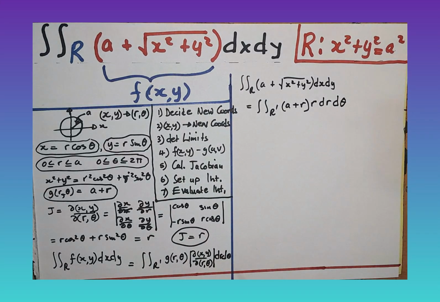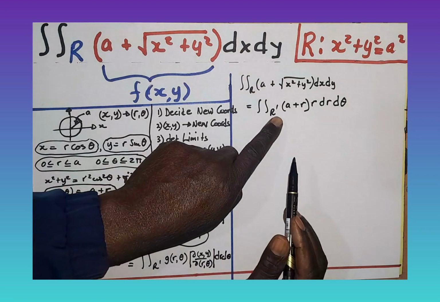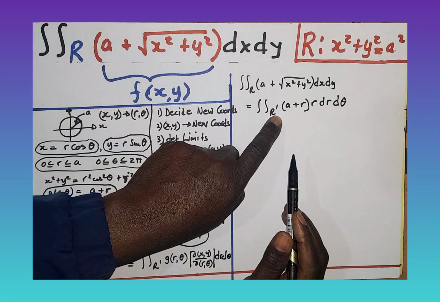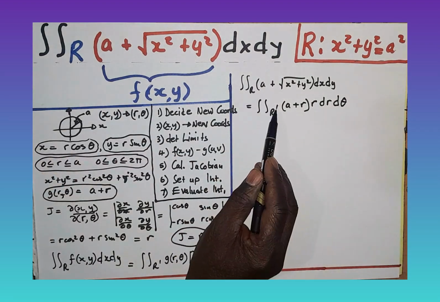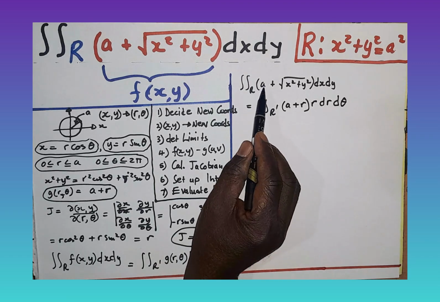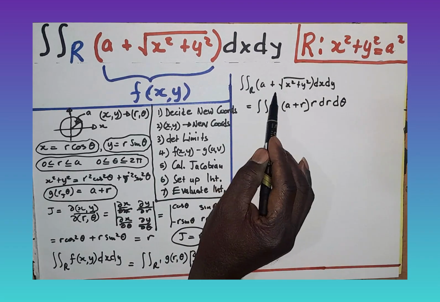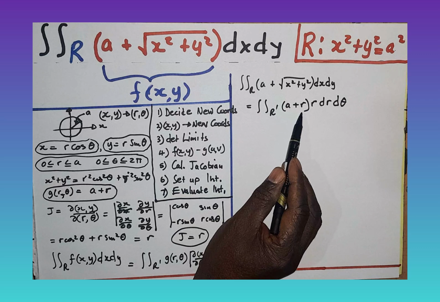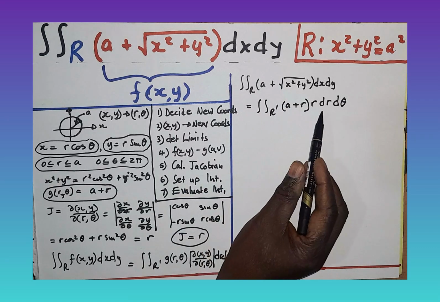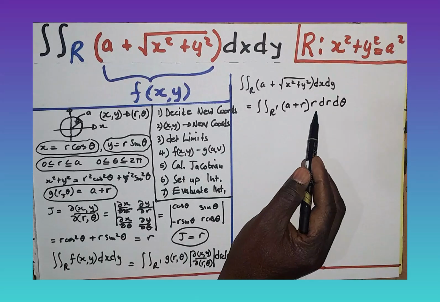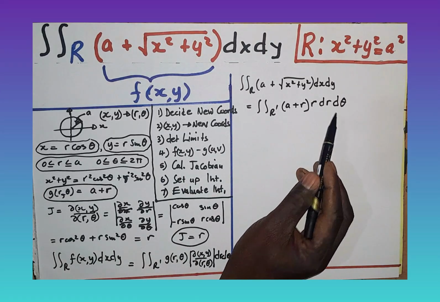Let's look at it again. Our region R over which we are integrating is transformed to R prime. Our function f of x y becomes g of r theta, which is a plus r, and of course our dx dy is replaced by this term here.